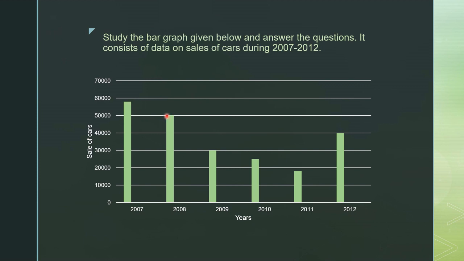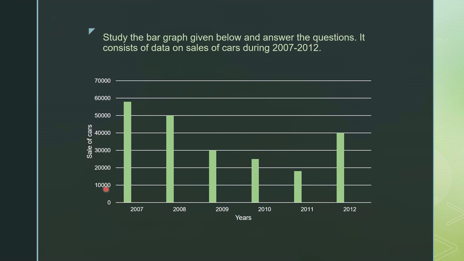This is one bar, this is another one, this is another one. This side is called the x-axis, the horizontal axis, and this side is called the vertical axis, the y-axis. The y-axis represents sales of cars.